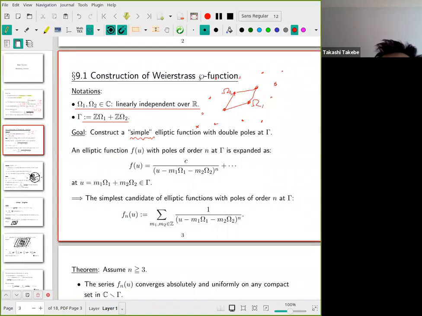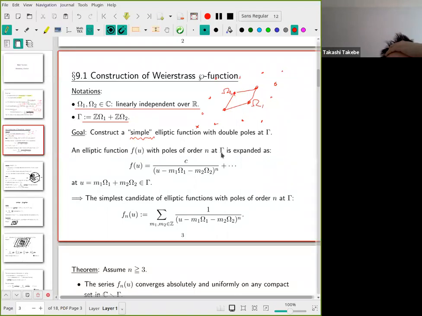Assume that an elliptic function has a pole at the lattice points.